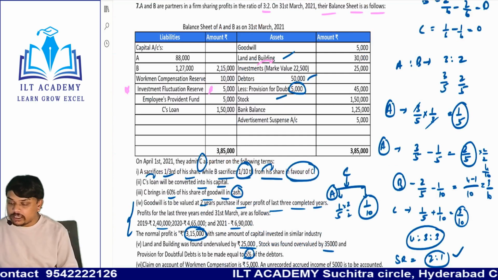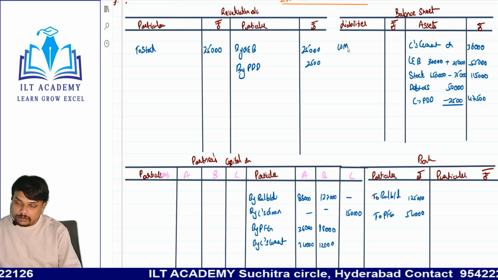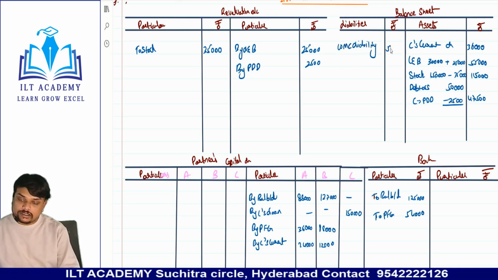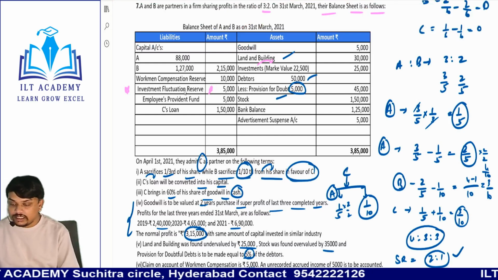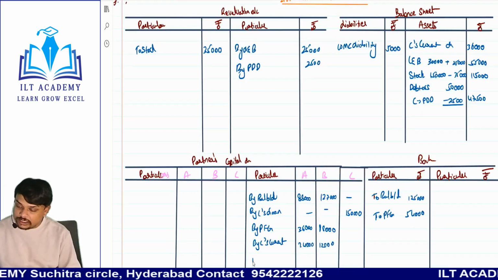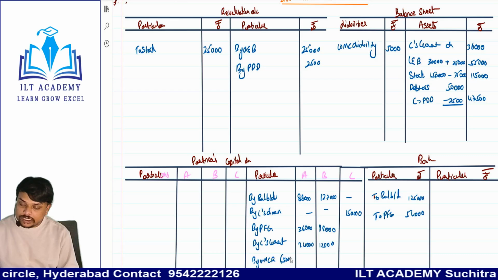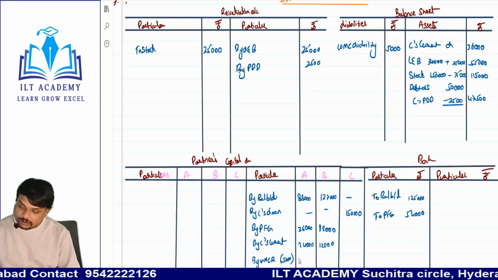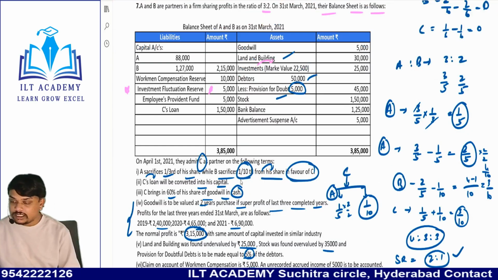Now the claim on workman compensation is 5,000. Workman compensation liability 8,000. Now if you check the reserve, it is 10,000. So the excess we will distribute. Workman compensation reserve distributed 5,000. What is the ratio? Old ratio, 3:2. 3,000 to 2,000. Next, what is there?